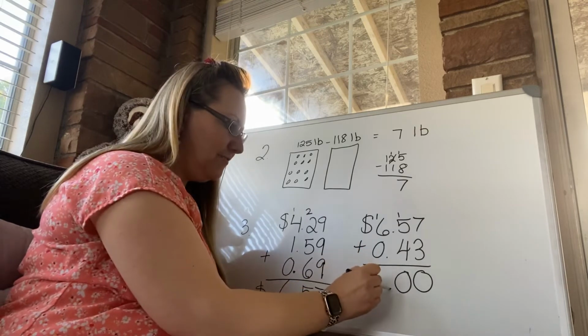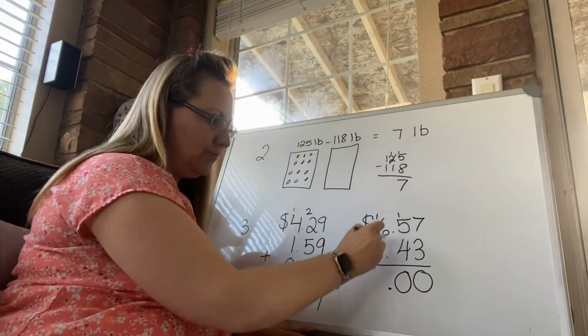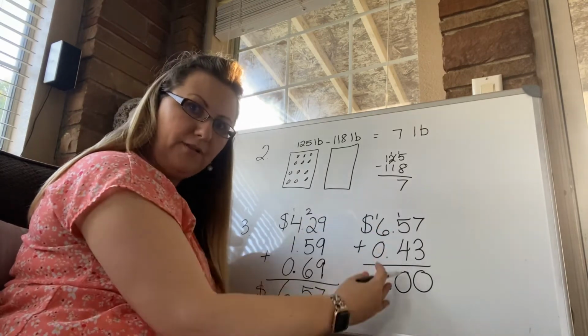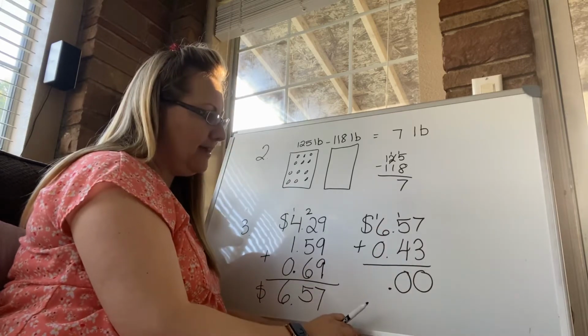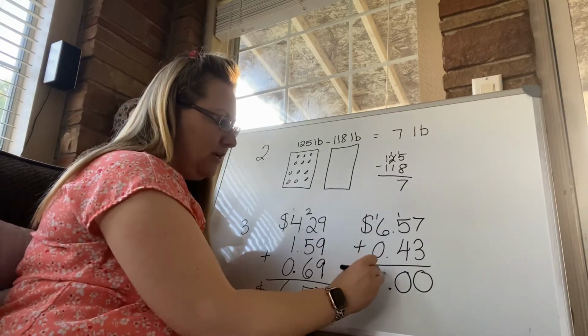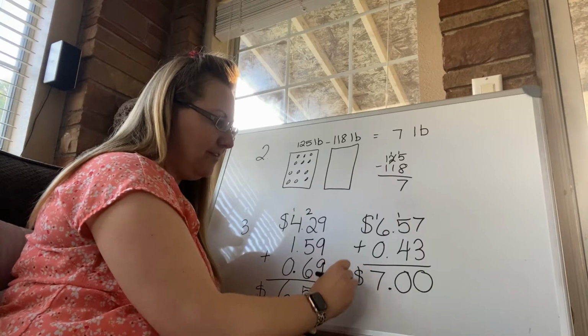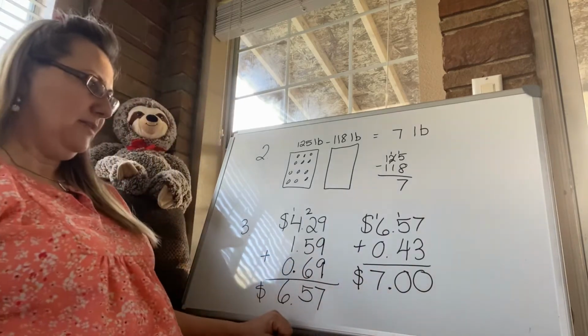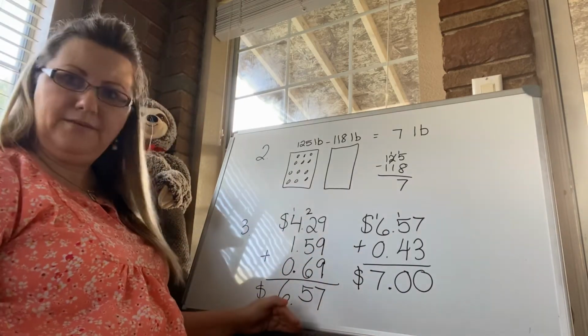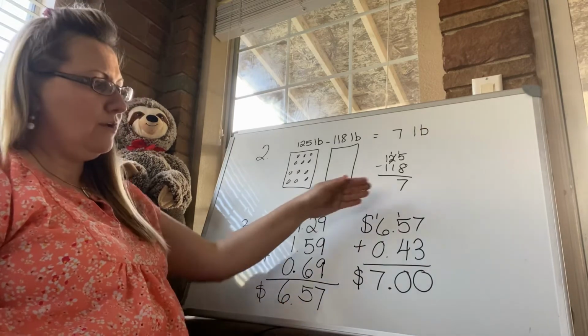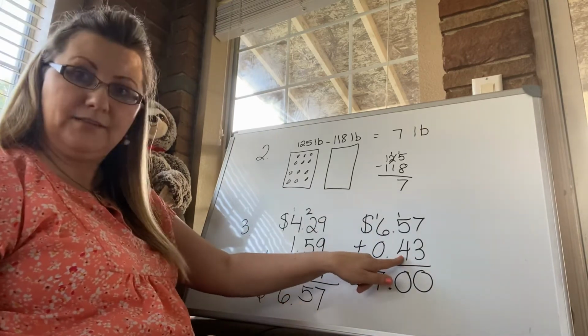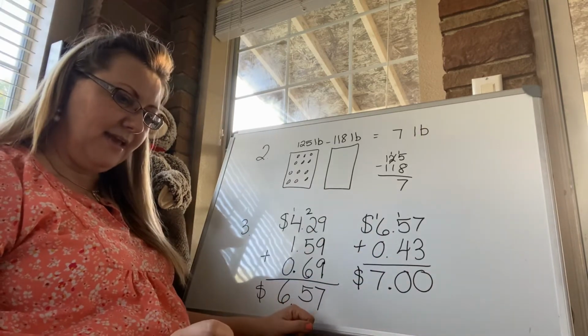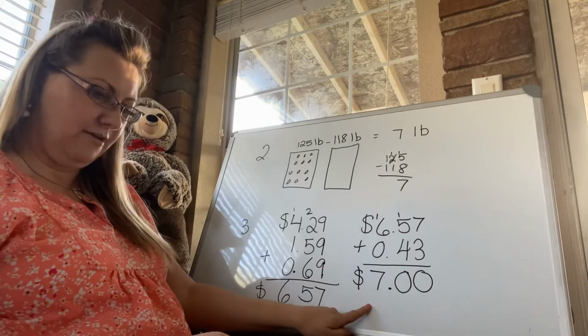Don't forget your decimal place, just bring it straight down. Keep all of your numbers in line. And the 6 plus 1 gives us $7. Okay, so now we've added all the amounts together. We've added the tax, the 43 cents, and that gave us $7.